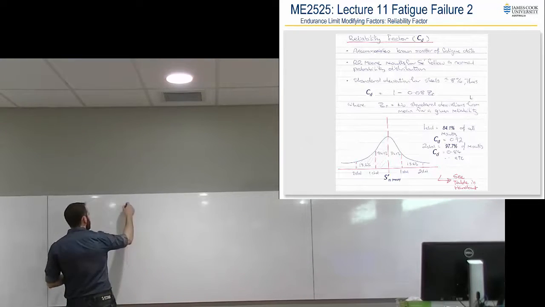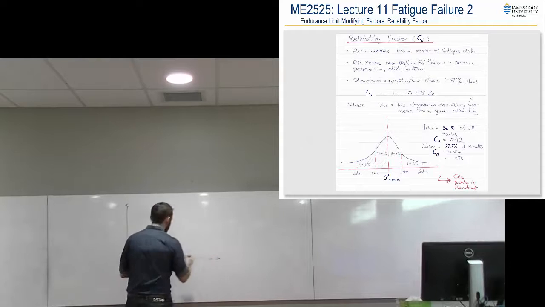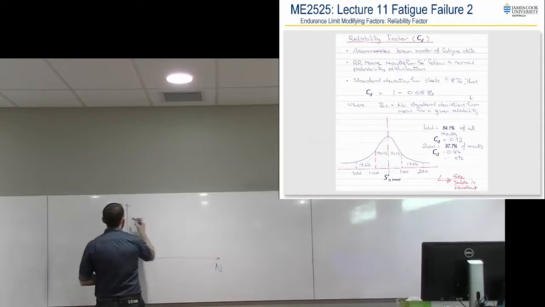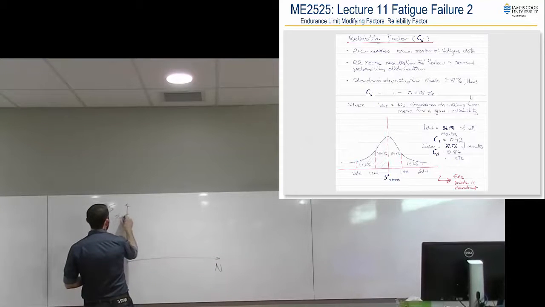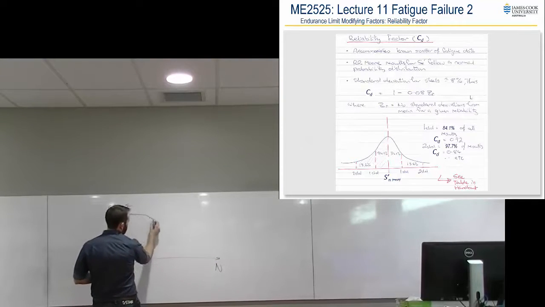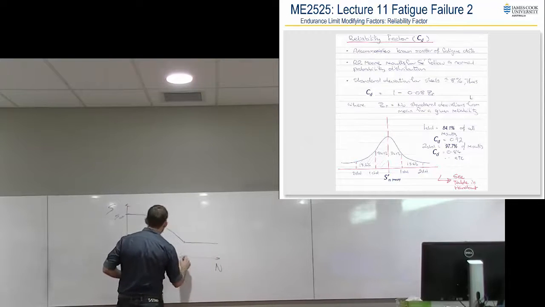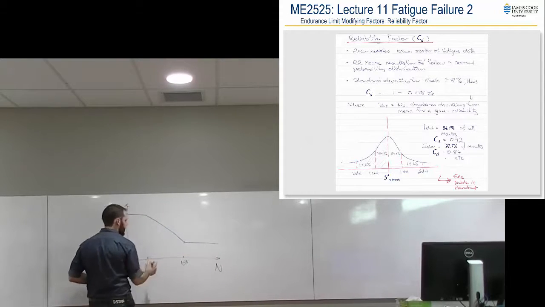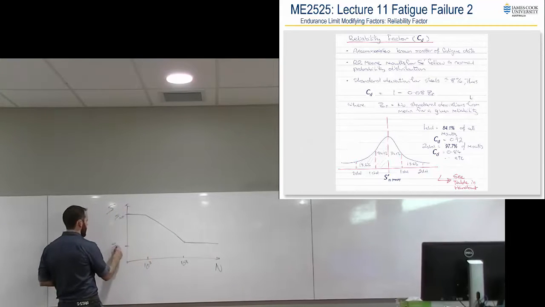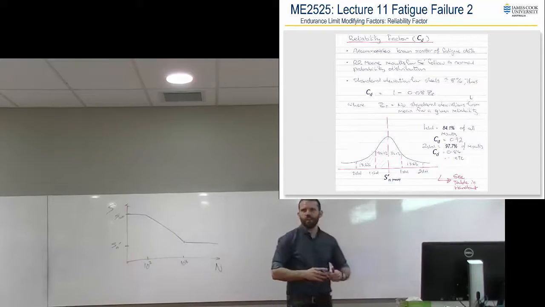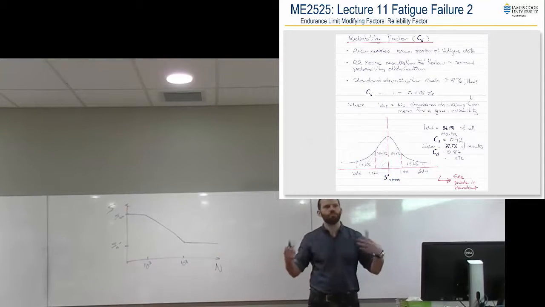So, remember what we're dealing with here. This is our SN curve, and it looks something like, what was that, SUT, and it kind of did this thing, and then it did that thing, and that was a 10 to the 6, and that was a 10 to the 3. And we called this Se prime. That's the curve that we're actually assuming is correct.